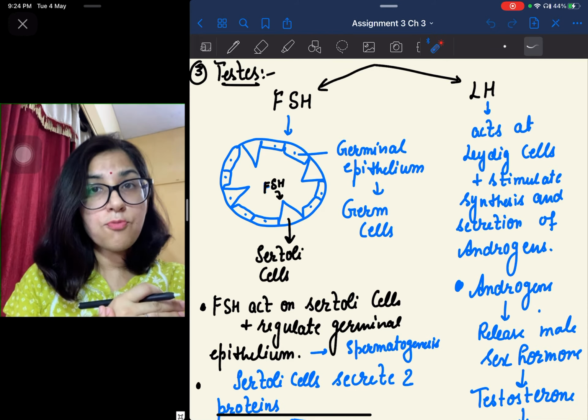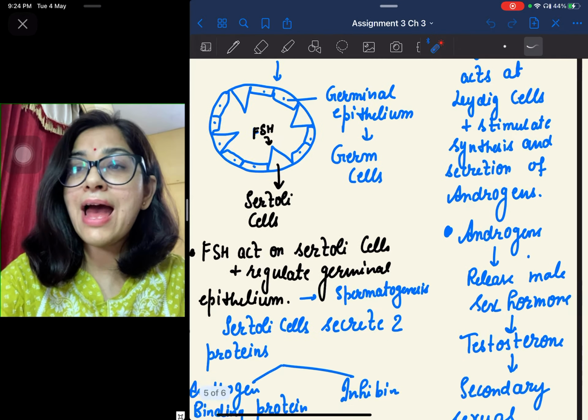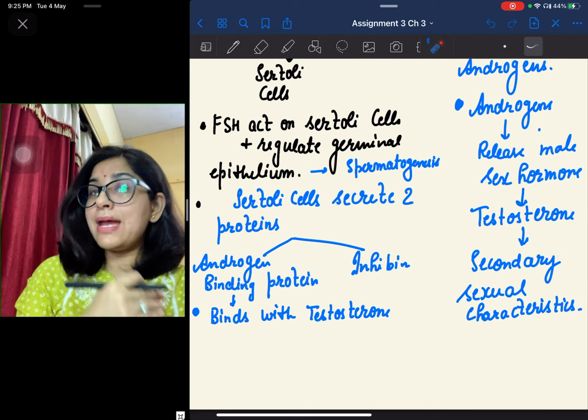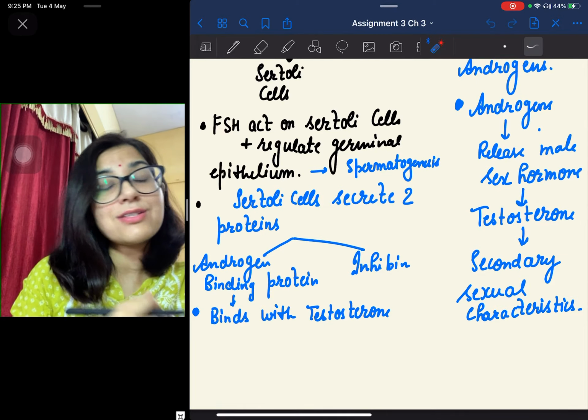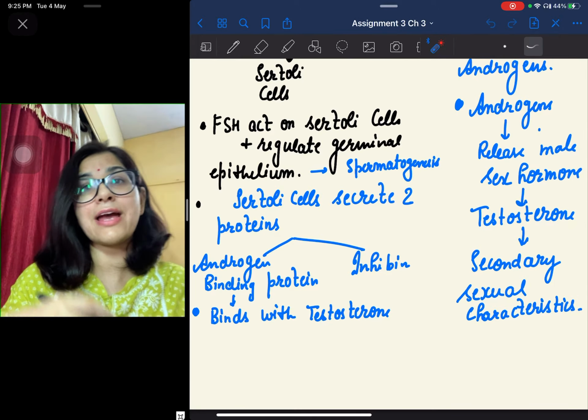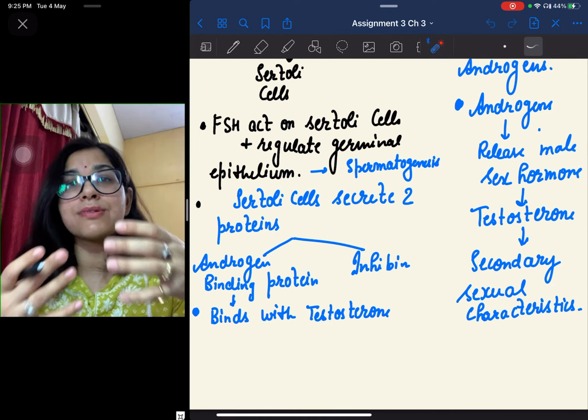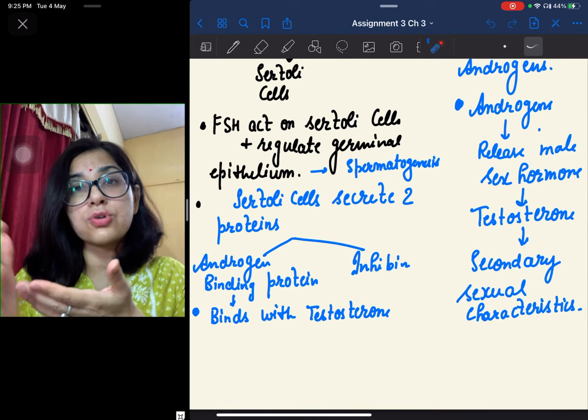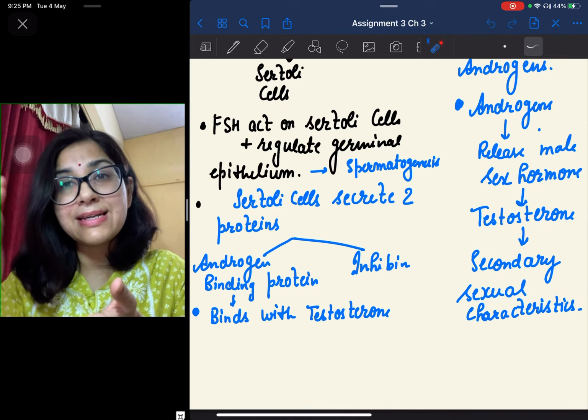There is sperm formation, as well as production of testosterone, and a male will start showing secondary sexual characteristics like broadening of shoulders and deeper voice. These two hormones play a major role in the puberty stage.